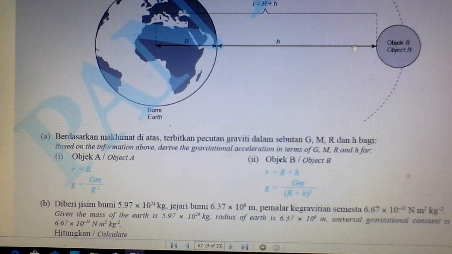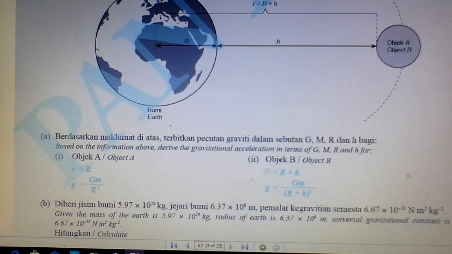For object B, which is at height h from the surface of the Earth, the distance between the center of the object and the center of the Earth should be R, the radius of the Earth, plus h. So h must also be measured from the surface to the center of the object.